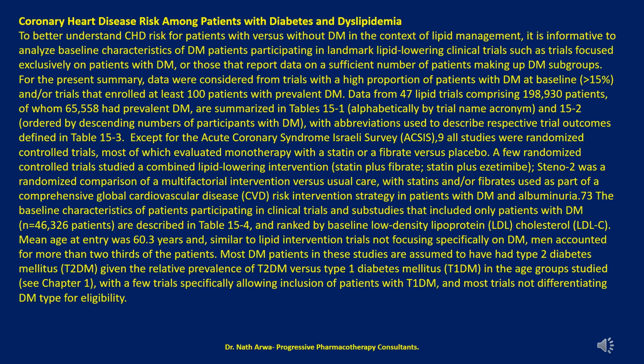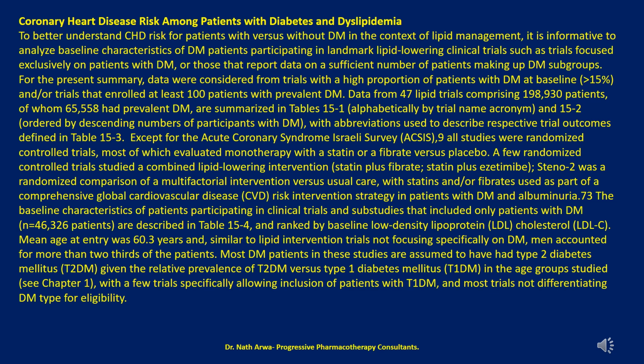Except for the Acute Coronary Syndrome Israeli Survey, abbreviated as ACSIS, all studies were randomized controlled trials, most of which evaluated monotherapy with a statin or a fibrate versus placebo. A few randomized controlled trials studied a combined lipid-lowering intervention, statin plus fibrate, statin plus ezetimibe.